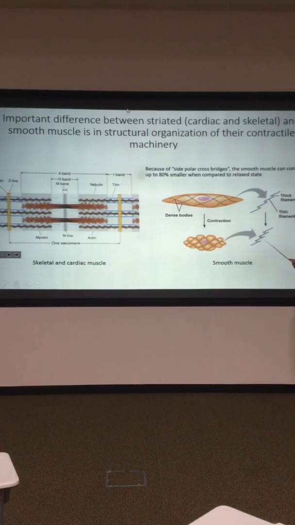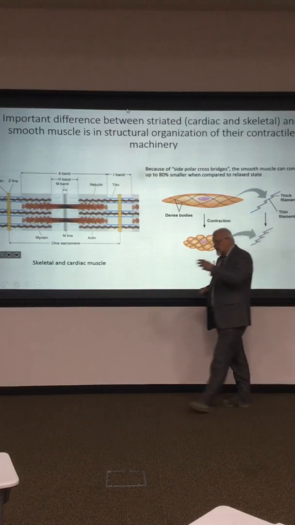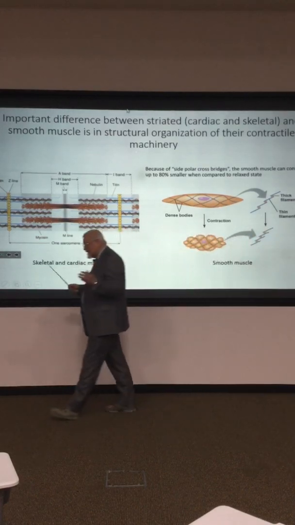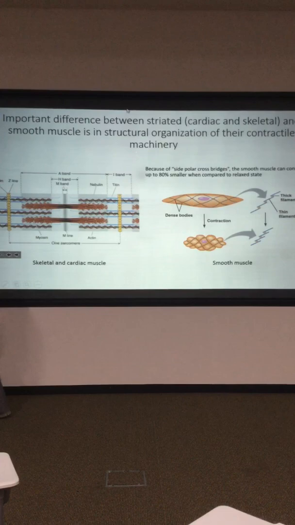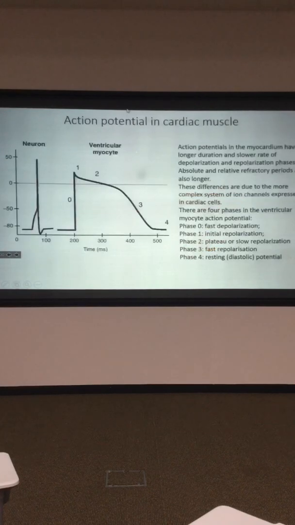And when contraction happens, all the filaments, actin filaments, slide along myosin and make it shorter. So the muscle can change its length very easily and to a large extent, much larger extent than skeletal muscle or cardiac muscle. And that is dictated by the functional requirements.